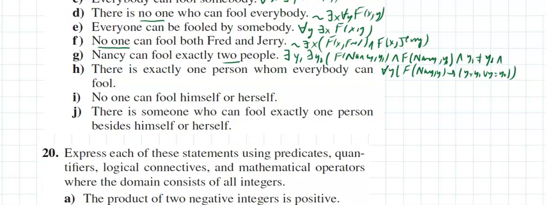No one can fool himself or herself. So there exists no one that can fool themselves. There is someone who could fool exactly one person. Okay, now get beyond that, besides him or herself. So if we choose a person, we want exactly one now, and the fooling does happen.